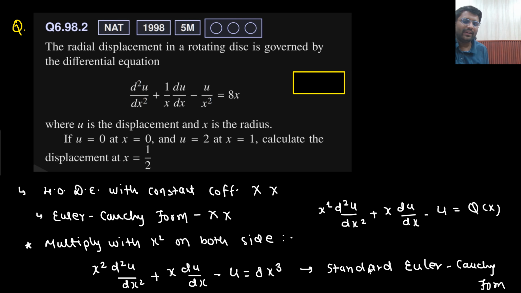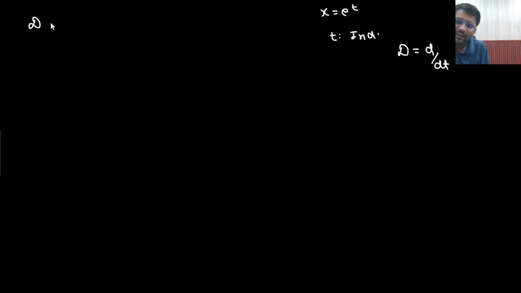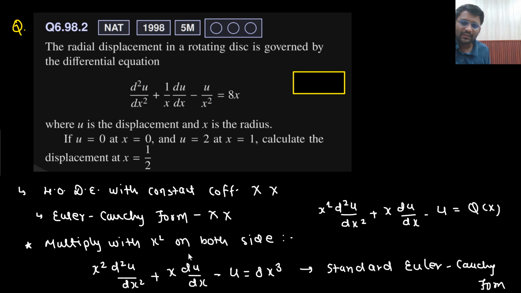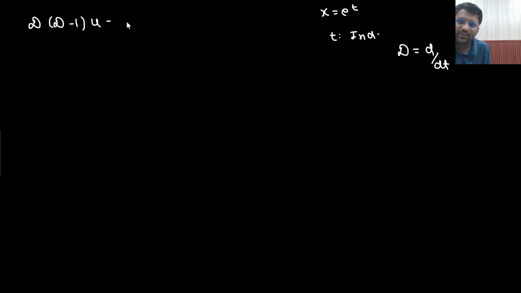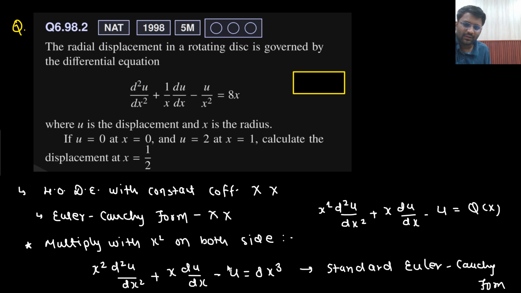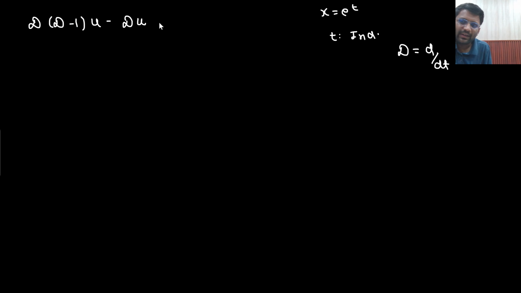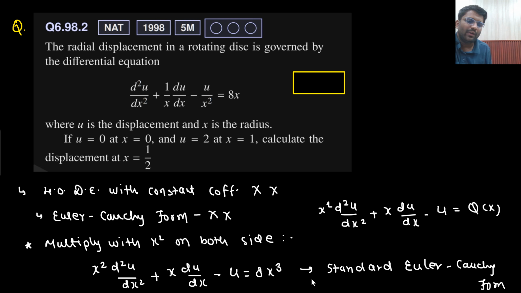Sir, x square d2u by dx square would be nothing but d into d minus 1 into u, and x du by dx will become d of u, minus u, equals to 8x cube.